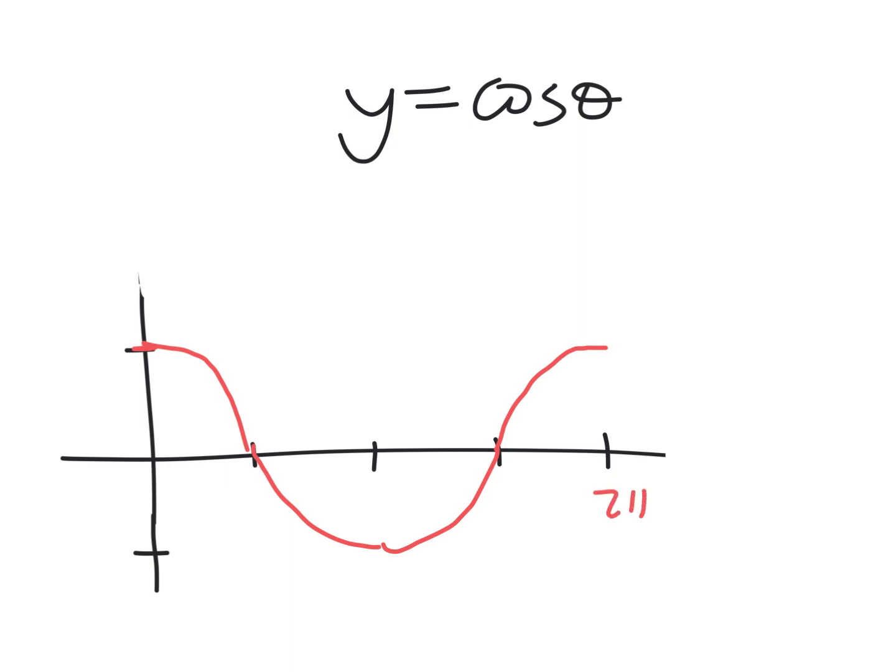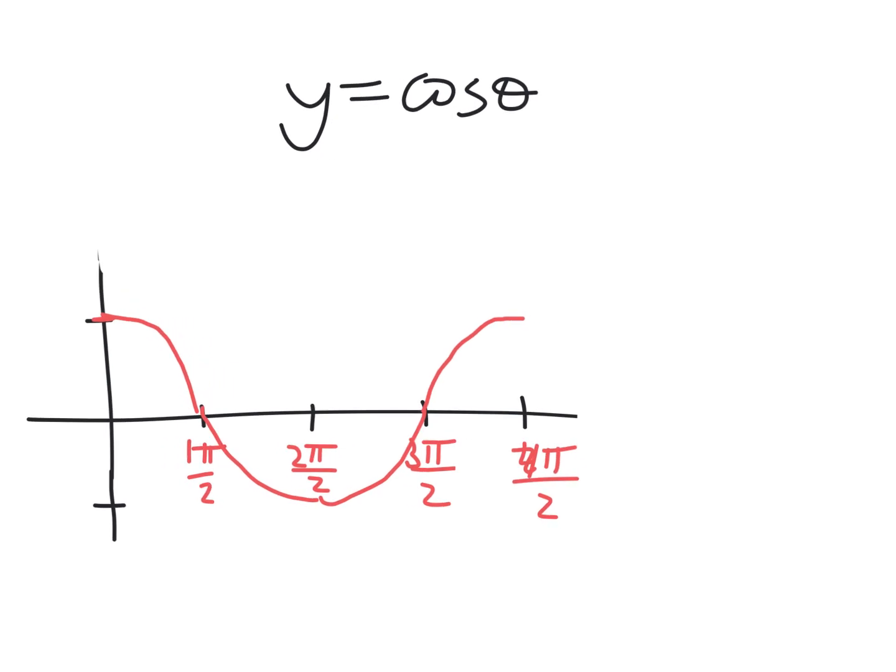This should have been 2 pi, and I like to count 1 pi over 2, 2 pi over 2, 3 pi over 2, and 4 pi over 2. That way, if we move it to the right, which we're going to, it'll be easy to label this last spot. So those of you that insist on doing it some other way, good luck figuring out what number's right there. But if you do it the way I did it, 1 pi over 2, 2 pi over 2, 3 pi over 2, 4 pi over 2, it'll be easy.